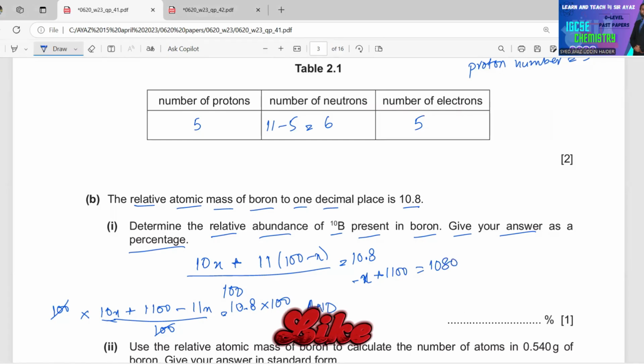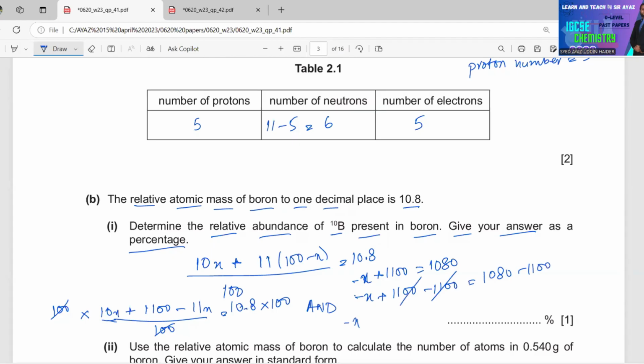1080. Or you can write minus x plus 1100 minus 1100 is equal to, I'm subtracting 1100 on both sides of the equation, minus 1100. These will be cancelled out, so it will become minus x is equal to 1080 minus 1100.